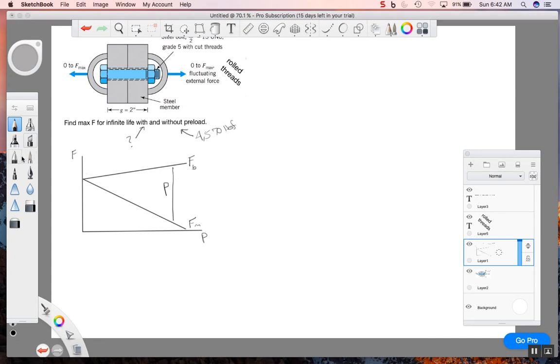However, I can draw this dotted line that goes something like this. So the good news for us is that the fraction of the load, I'll put that in green because that's good news, the fraction of the load picked up by the bolt is actually pretty small. This is the load borne by the bolt.